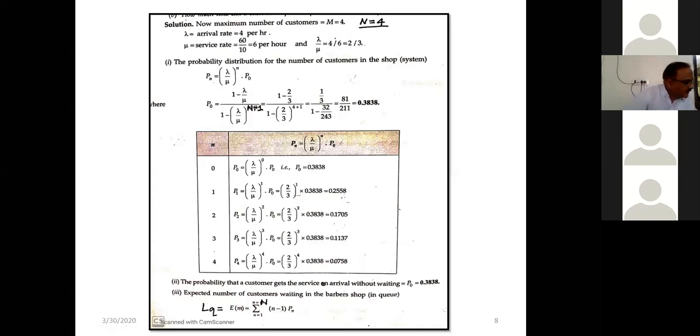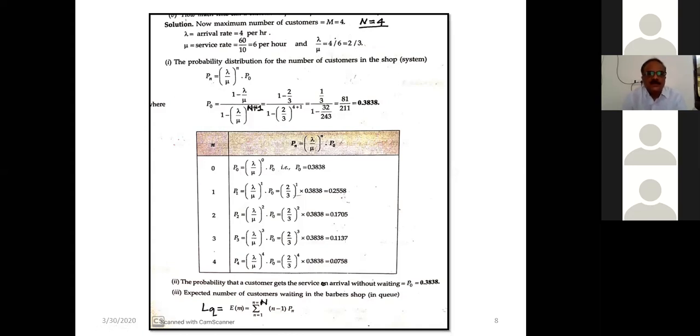The first question is, determine the probability distribution for the number of customers waiting for service. This indicates the probability distribution of the number of customers who are present in the system. So it is given by Pn, which is equal to (lambda by mu) to the power n into P0.